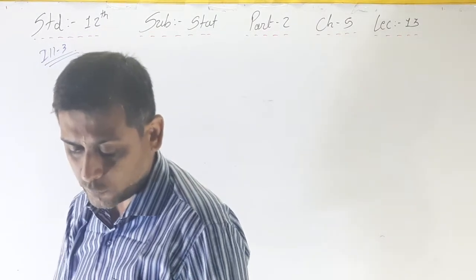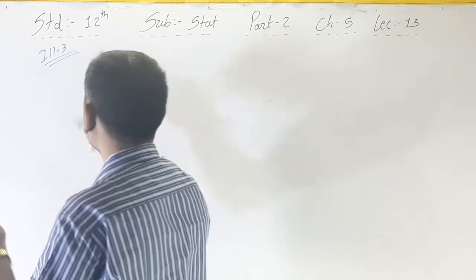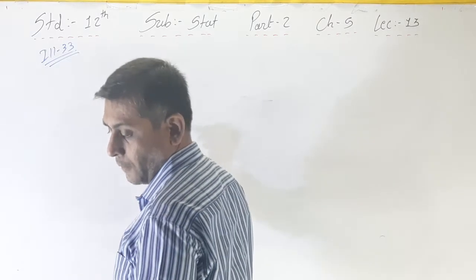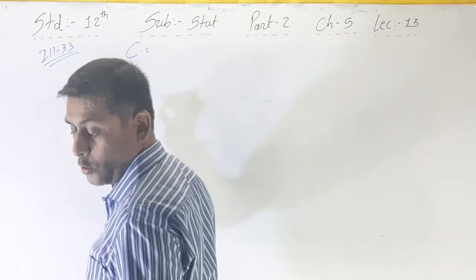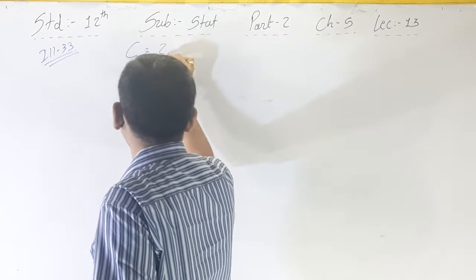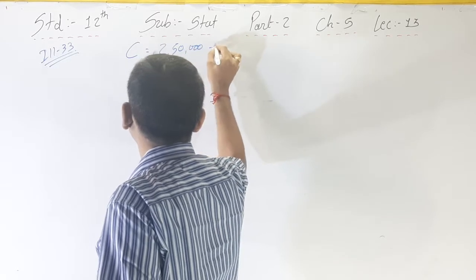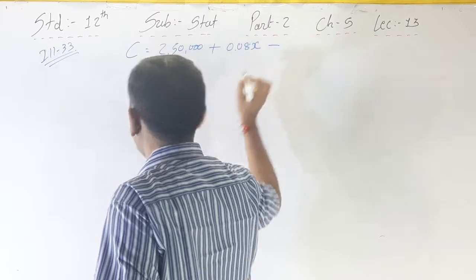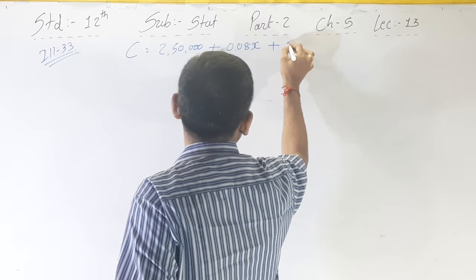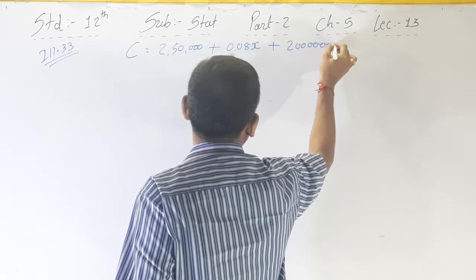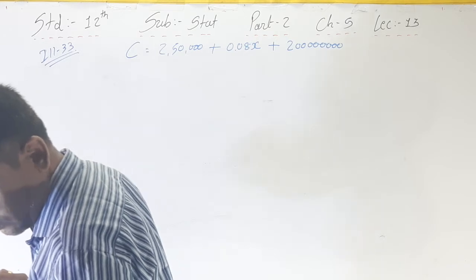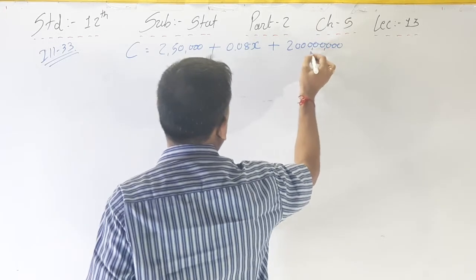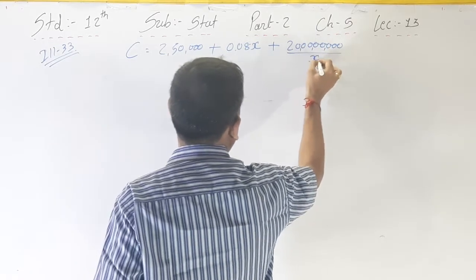Illustration number 33. Cost function C = 2,50,000 + 0.08x + 20 crore divided by x.